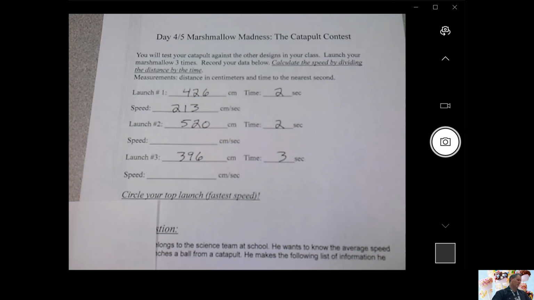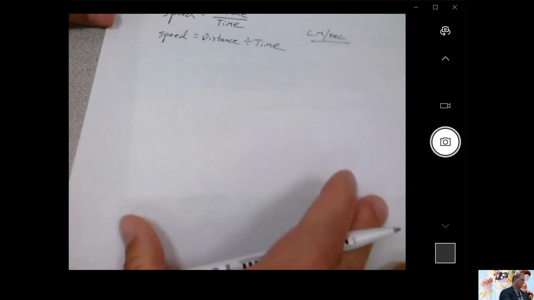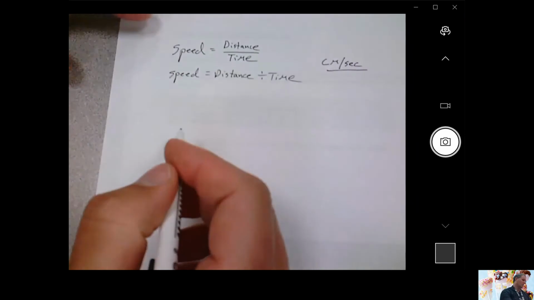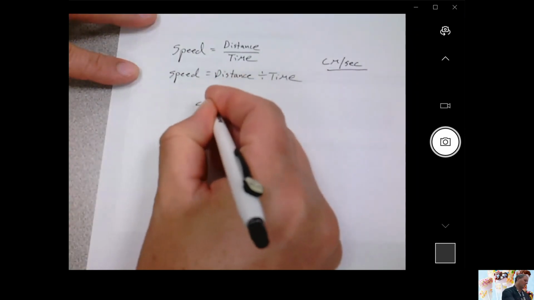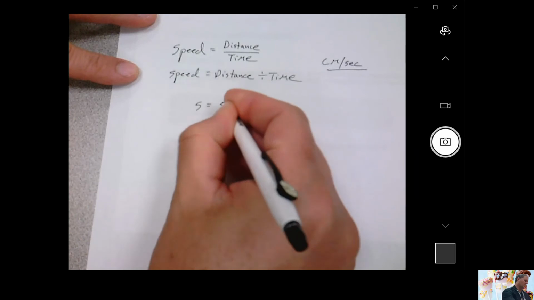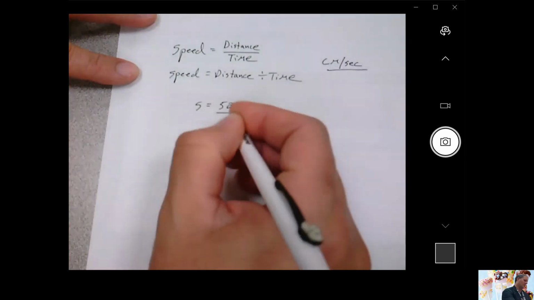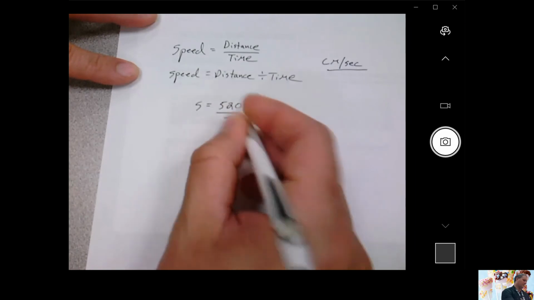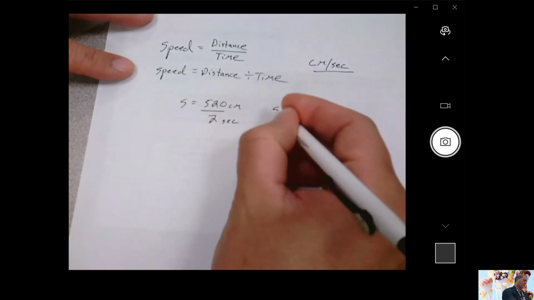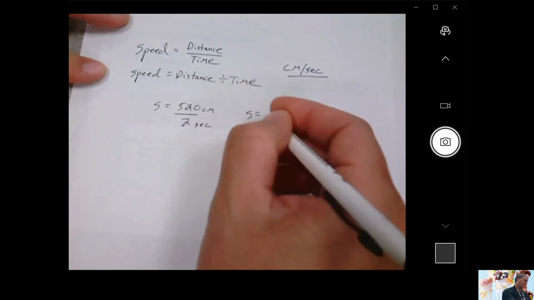Cool. And for my next one, you can see that I have 520 centimeters divided by 2. I can show you that we can set it up in multiple different ways. So speed would equal 520 divided by 2. I could set up a fraction, or I can set it up as an equation here.